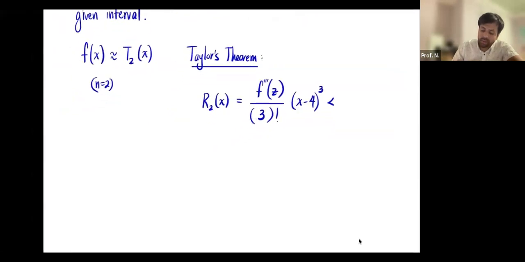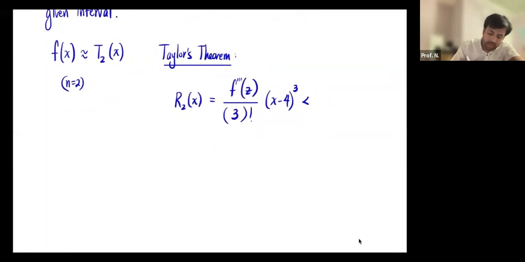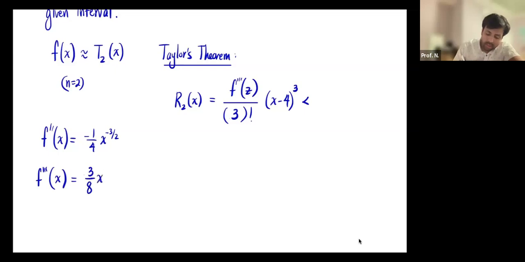So first, let's figure out the third derivative. Since we know the second derivative is negative 1/4 x to the negative 3/2, then the third derivative is positive. It's positive 3/8 x to the negative 5/2, or in other words, 3/8 over x to the 5/2.